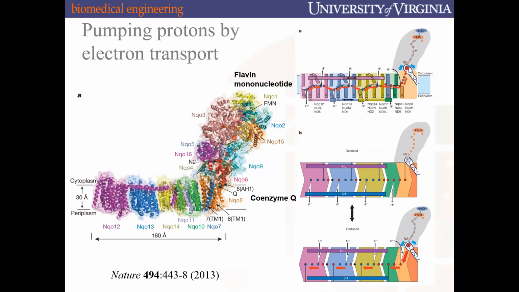As the electrons move through these cavities, depending on their oxidation state, they will either be able to bind the protons, or they will have less affinity and release these protons. So here's an example. Before we have the electrons present in these cavities, you can see that they aren't able to bind the protons, so they are closed off to the matrix.